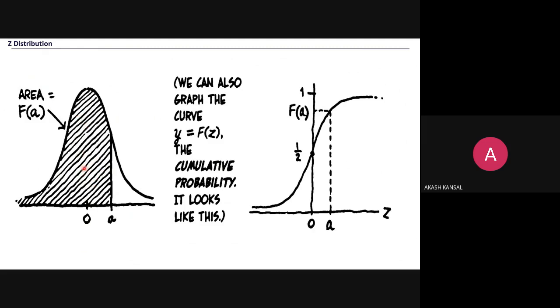So this area is going to be the probability. Now we can also graph the curve y equal to F(z), and the cumulative probability is going to look like this. This right chart is the cumulative probability of the normal distribution curve, the z distribution basically. This is the curve that you will get if you calculate the cumulative probability.